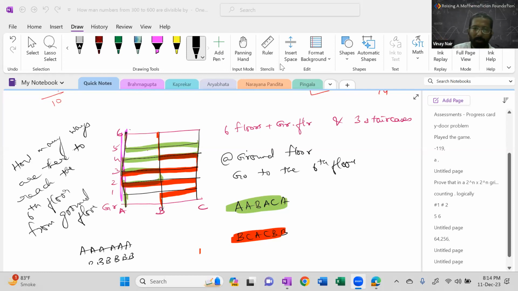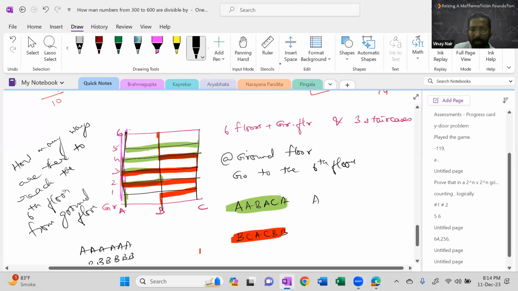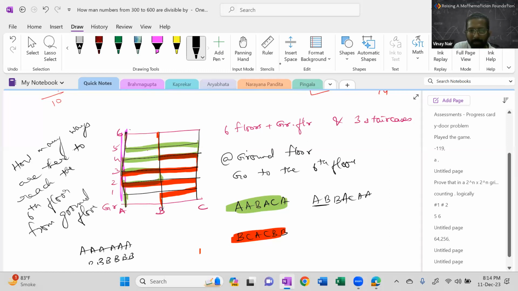Now, if you write ABBACAA, something like this. This is not AB. A to B is, A is in the ground floor, B is in the first floor, this B is in the second floor, and so on. Okay, sir. I got confused that way. That's okay.